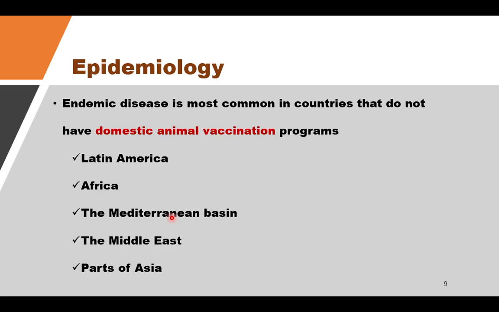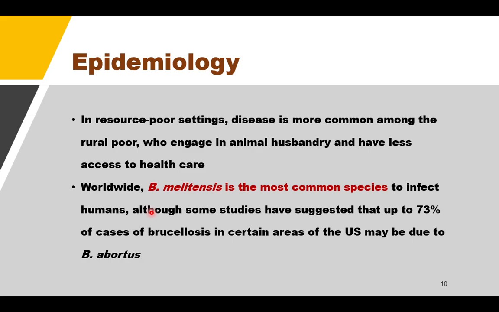Endemic disease is most common in countries that do not have domestic animal vaccination programs. So where you have weak government livestock policies, the infection tends to be endemic in this region. That includes countries in Latin America, countries in Africa, the Mediterranean basin, the Middle East, and parts of Asia.